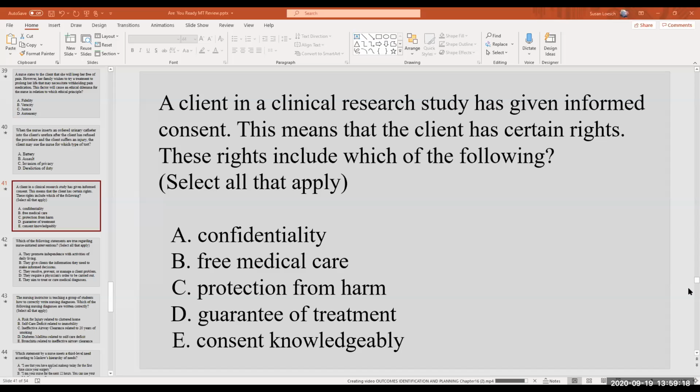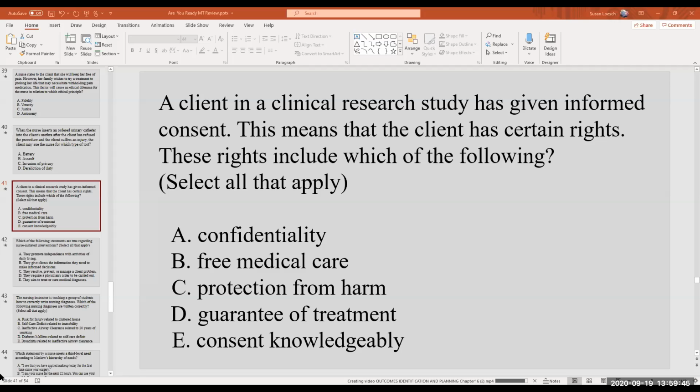Okay. A client in a clinical research study has given informed consent. This means that the client has certain rights. These rights include which of the following? Protection from harm. See. Everything but D. Everybody agree with that?